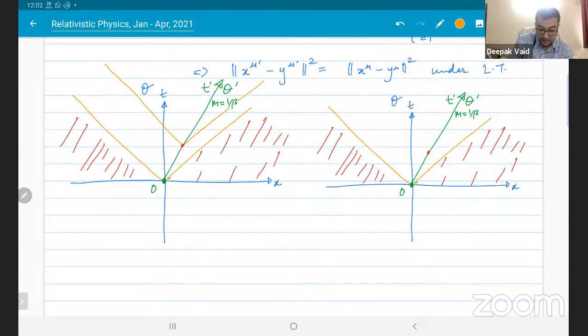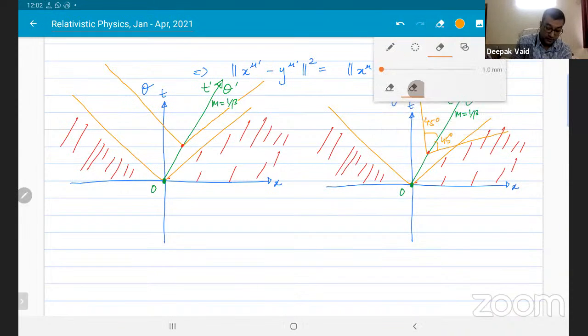You might think that this green fellow's light cone will look like this. It will go at a 45-degree angle with respect to this guy. Right? So you might think that this is what happens. But this is not what happens.